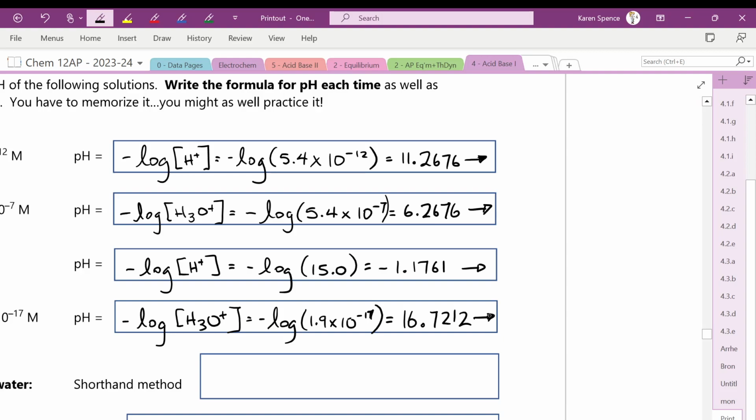And then if you feel really clever, you can decide if each of them is acidic, basic, or neutral. Oh, that should be a 7. Yes, you're absolutely correct.